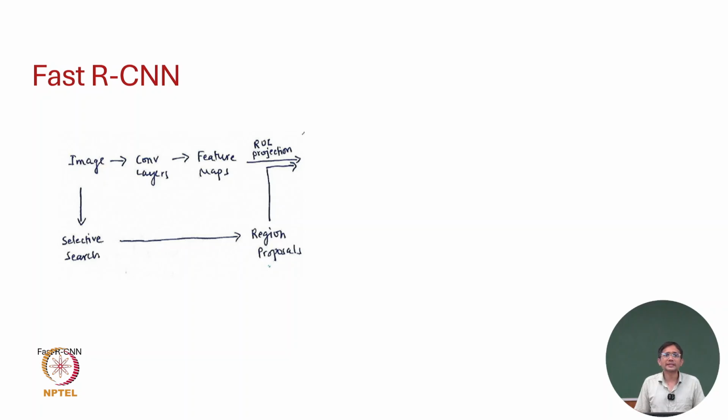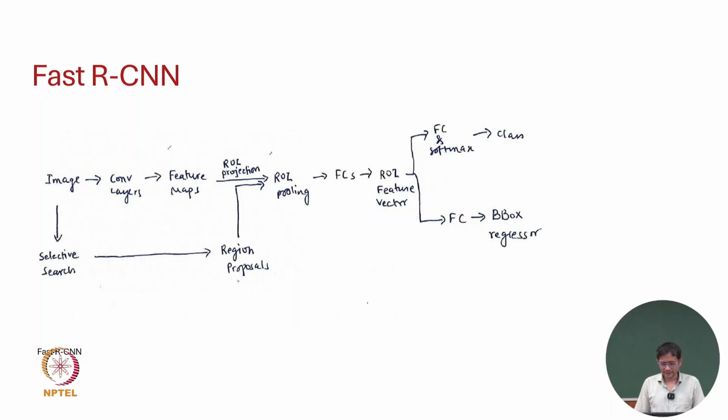Now, what we can do is that we can combine these region proposals and the feature maps as if we are doing RoI projection, and on top of that, we'll go for something called RoI pooling.